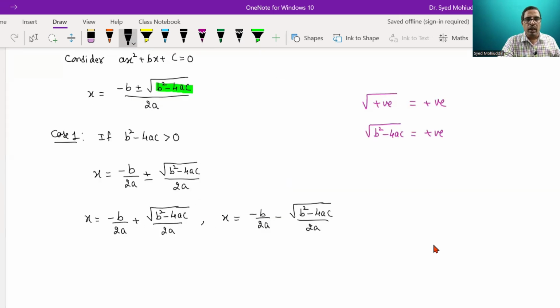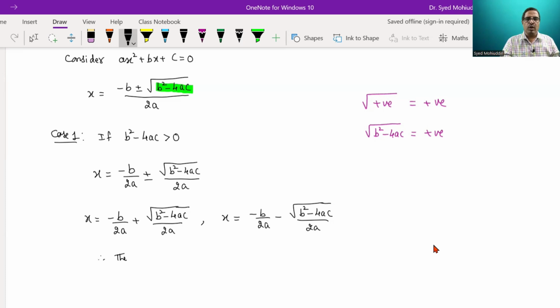Hence, we see that over here, we have a positive value and over here we have a negative value, and both the roots are different, or we can say that both the roots are distinct roots. So whenever b square minus 4ac is greater than 0, we get distinct roots.